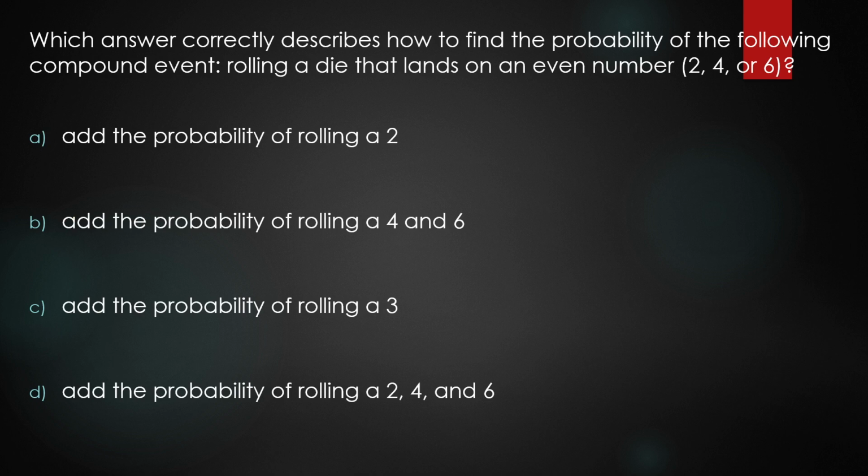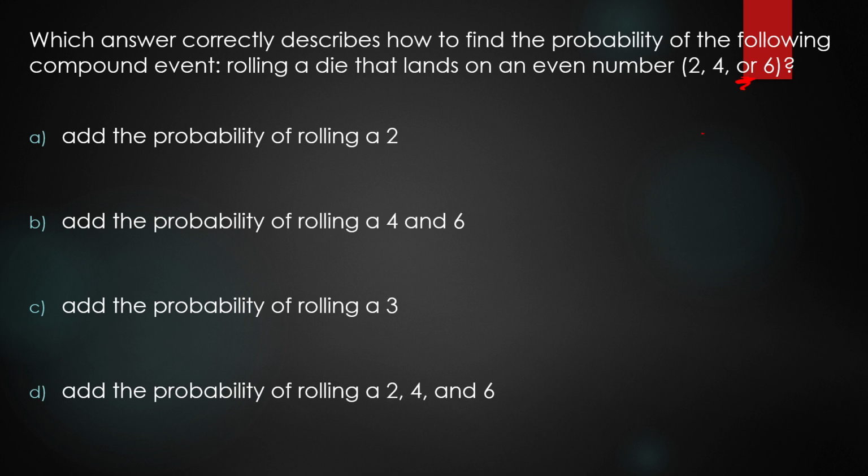This question says, which answer correctly describes how to find the probability of the following compound event? Rolling a dice that lands on an even number, 2, 4, or 6. Here's that word or, right? So or tells us to add our probabilities.